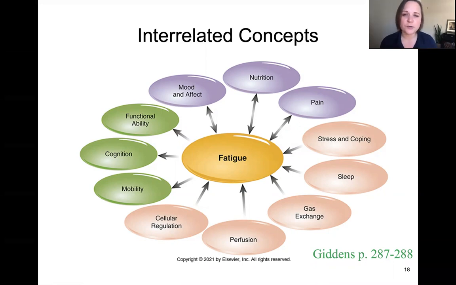And if you think in your own life, when you've had problems or deficits in any of these concepts, things like problems with sleeping, problems with stress, problems with your mood or affect, pain, any of these things, and how they really make you feel in terms of your fatigue level, it's easy to understand how these all really interrelate.